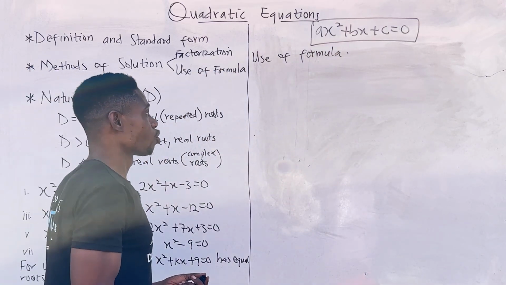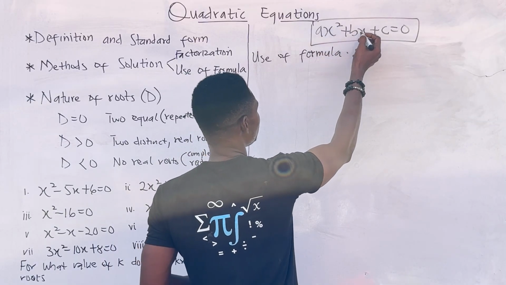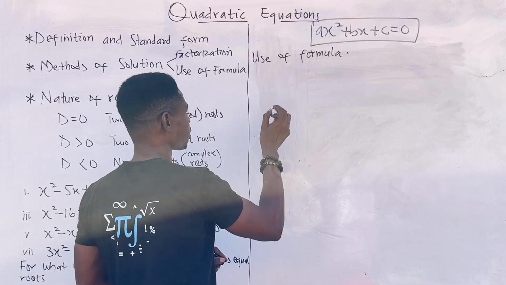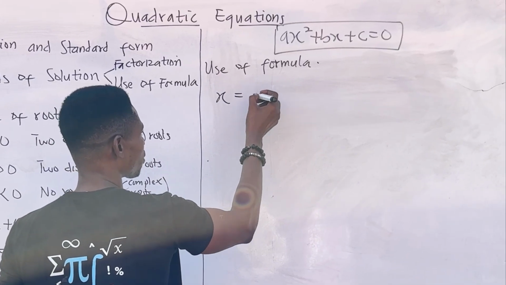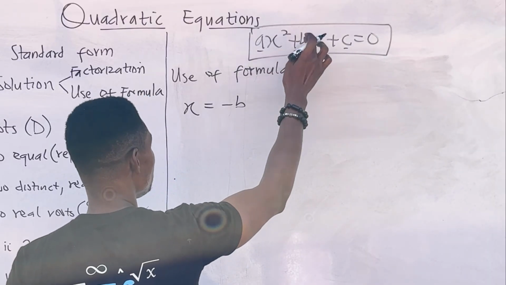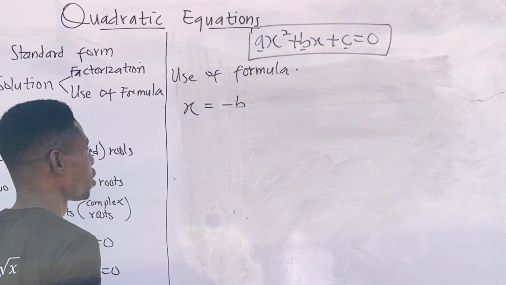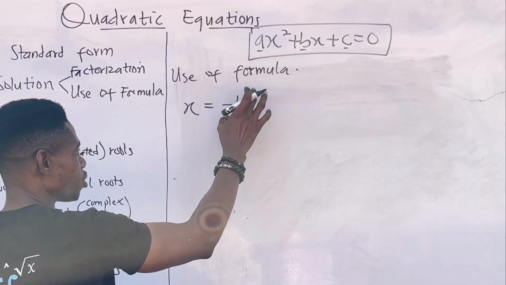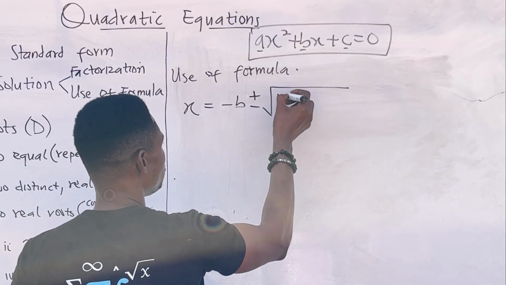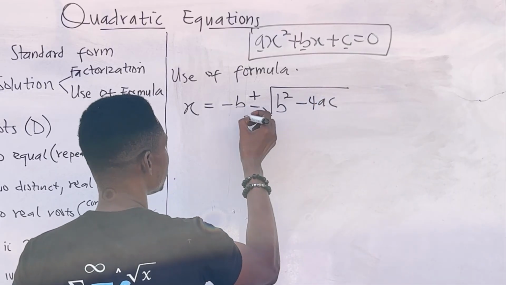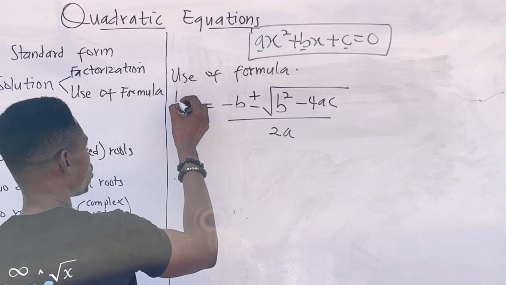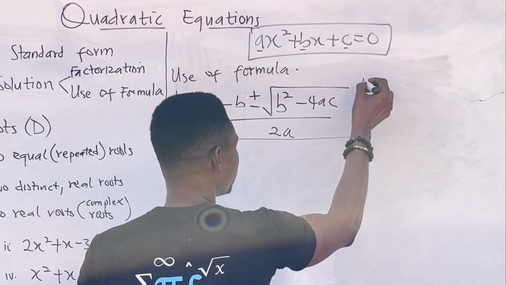So if you have your quadratic equation as ax squared plus bx plus c equal to 0, straight formula to get your answer, your x equals minus b. You know your a, b, and c. I'm referring to the a, b, and c in the quadratic equation. So our x will be minus b plus or minus square root of b squared minus 4ac all over 2a. So this one has to be saved somewhere in your memory.